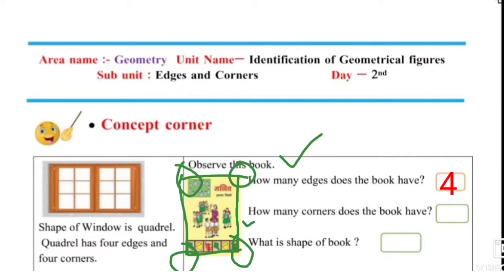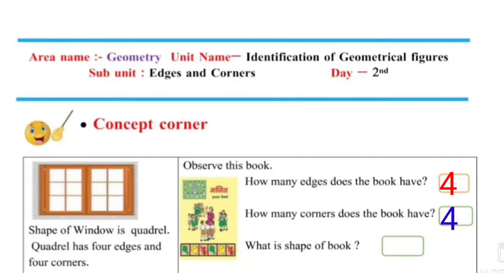These are the 4 corners of this book. It means this book has 4 corners. So next question is, what is the shape of the book? The shape of the book is rectangle. Rectangle has 4 corners and 4 edges. Understood?